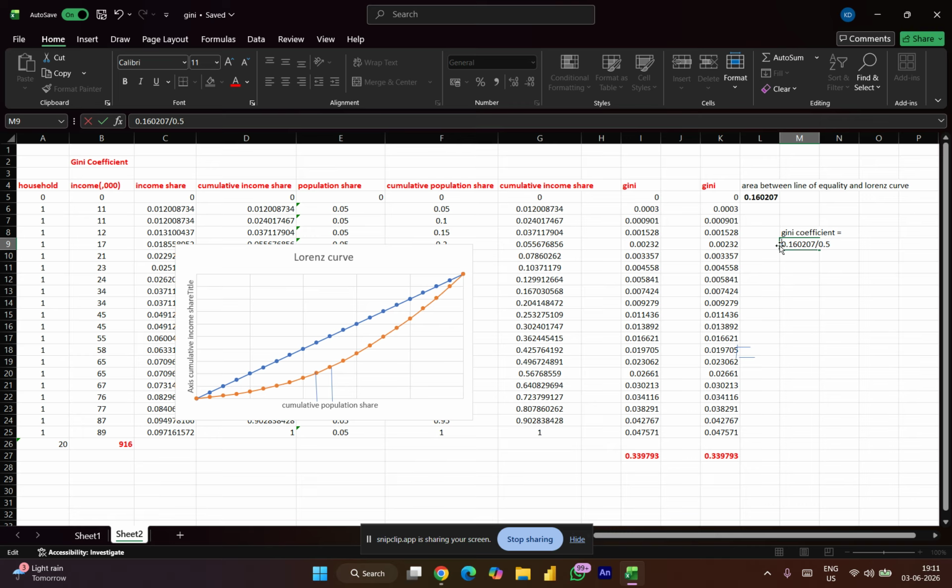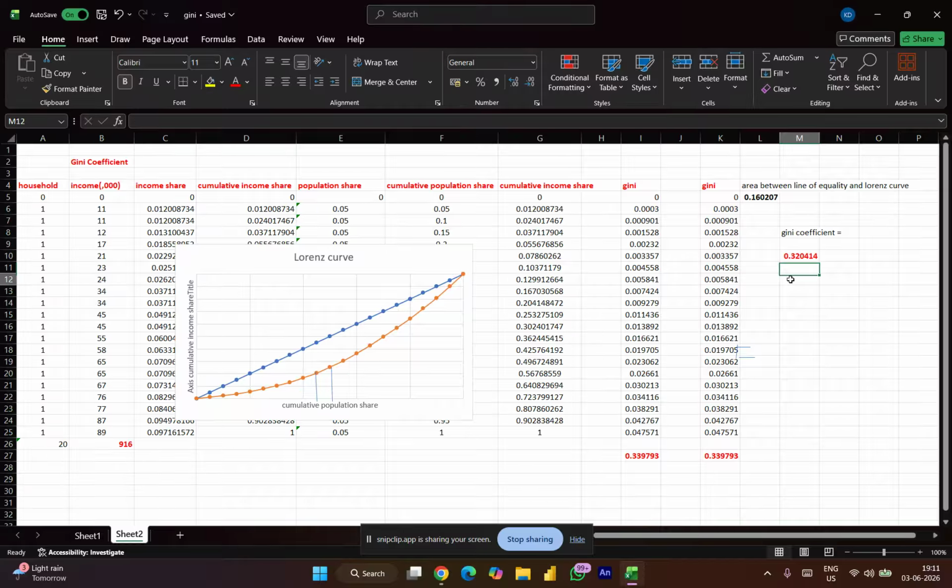This is the line of equality. So this is the Gini coefficient. Multiplying by 100 is not necessarily required, because Gini lies between 0 and 1. So the Gini coefficient according to this hypothetical example is 0.32.